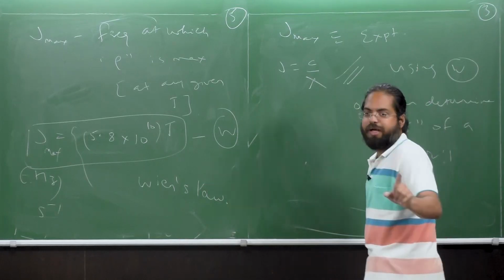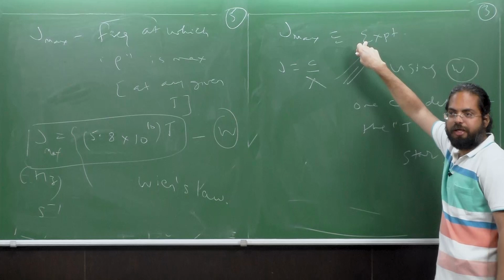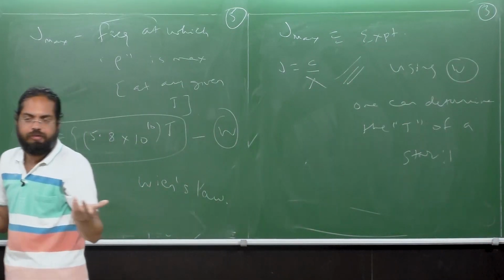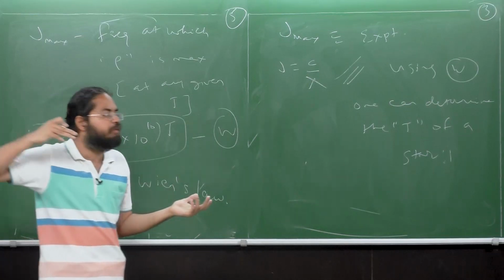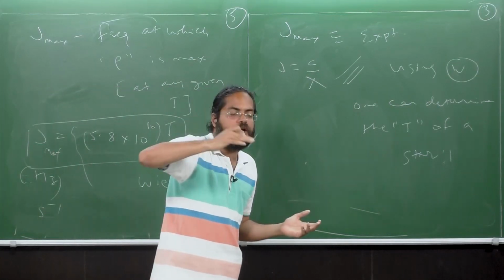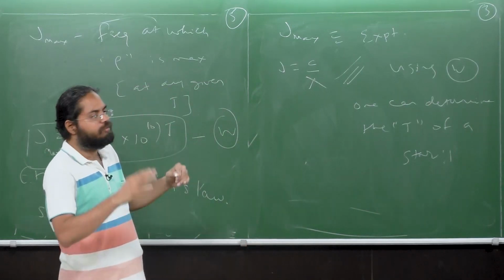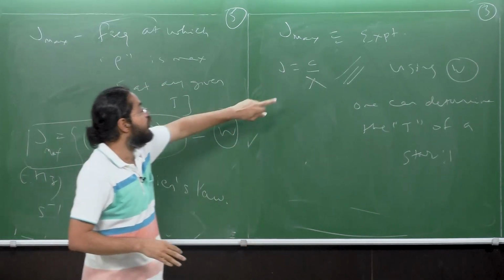Isn't it amazing? How do you measure the nu max experimentally? You measure the frequency of the light coming from the star, and you keep plotting it at any given temperature. You keep plotting rho as a function of nu.